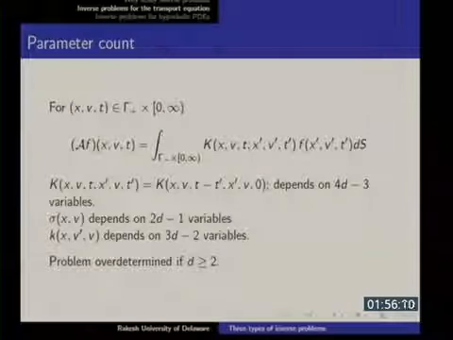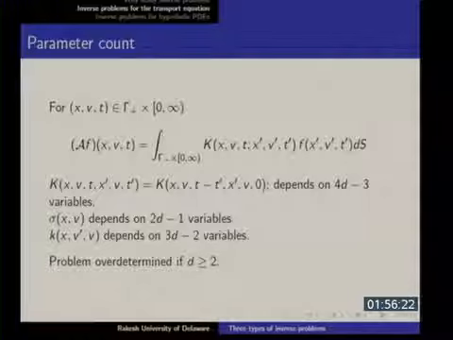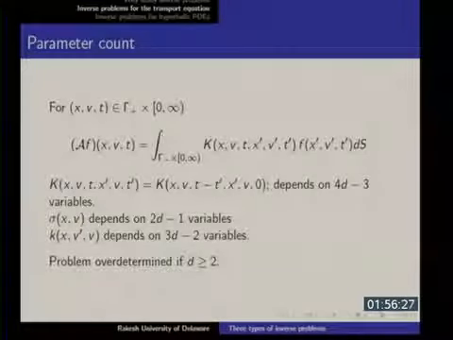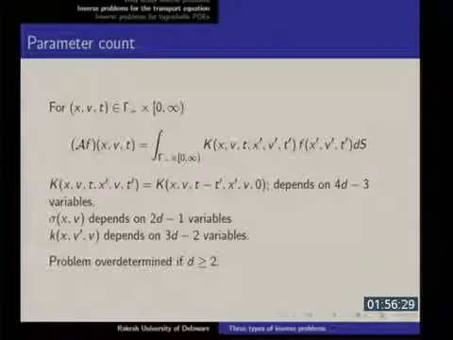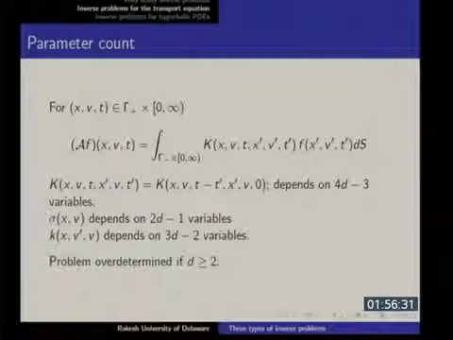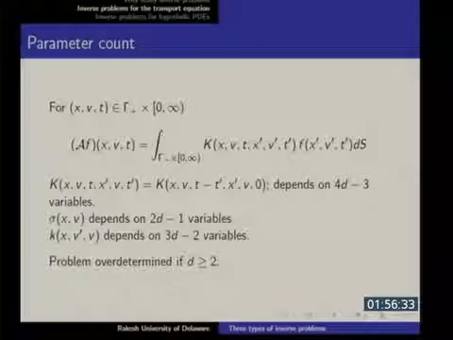So why am I saying that? Suppose I have two functions on the real line. Should I consider them as a function of two variables or a function of one variable? I argue that you should really count them as a function of one variable.